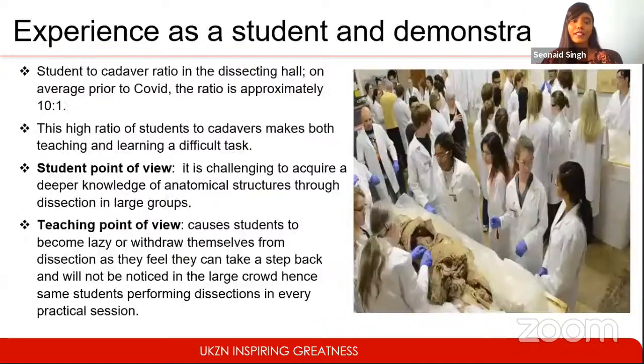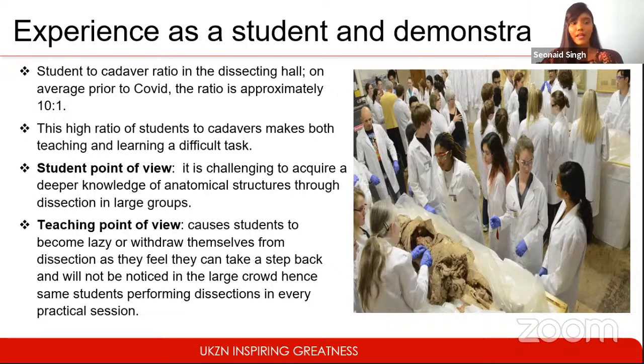Moving on to my experience as a student and a demonstrator in the Department of Human Anatomy at UKZN. Being a student in the anatomy department for the past 6 years, as well as being a demonstrator to undergraduate students in the dissecting hall for the past 3 years, there are a few things that I have noticed firsthand as a result of the scarcity of cadavers and the lack of body donors.